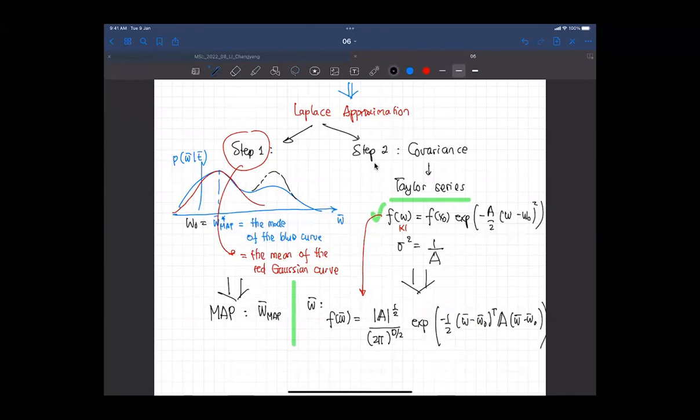Right. So that's the definition of covariance using the Laplace approximation with the Taylor series.